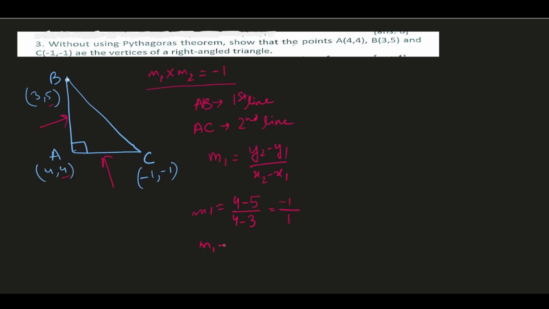Or we can say that M1 is equal to minus 1. Now let's calculate M2. M2 will again be y2 minus y1 for AC: minus 1 minus 4, divided by minus 1 minus 4 again. Minus 1 minus 4 is minus 5. Again minus 5. Therefore, M2 is equal to 1.